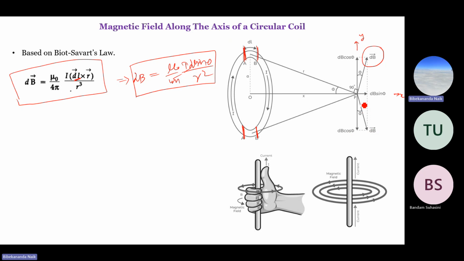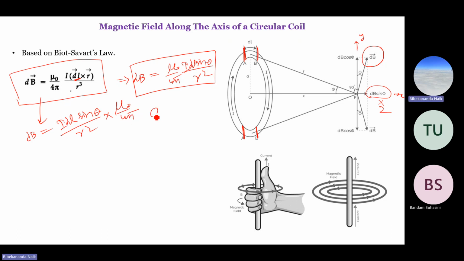As you can clearly see, these two components cancel each other. So there will be only dB sin phi. The resultant will be dB sin phi for each element, and here there are two elements, so it will be dB sin phi into 2. So for the magnetic field, if you apply this formula, it will be I dl sin theta by r square into mu 0 by 4 pi.